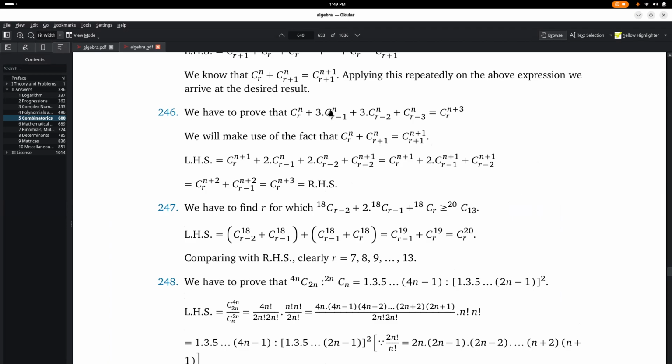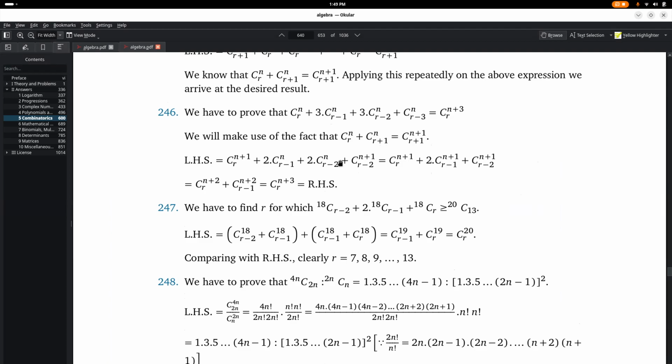So that becomes (n+1)Cr, and this becomes 2 into nC(r-1). We take one of this third term and add it with the last term, we get (n+1)C(r-2). Then what we do is that we have this (n+1)Cr, and then we have plus 2 into (n+1)C(r-1).